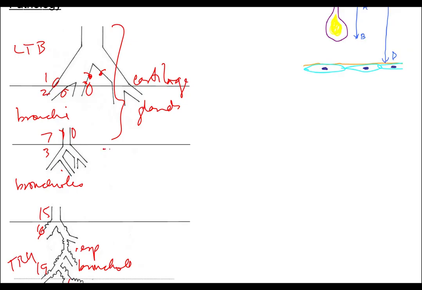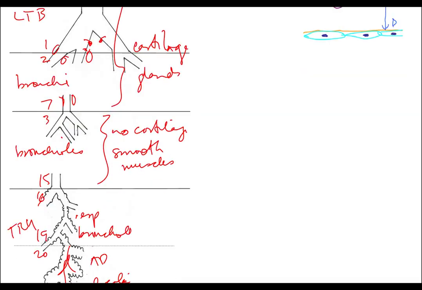By comparison, when we talk about the bronchioles, remember these have no cartilage to hold them open, but they do have smooth muscle in the walls. And so this is going to be the area where we see bronchoconstriction in pathology. And then, of course, the terminal respiratory unit, this is where we see our gas exchange.